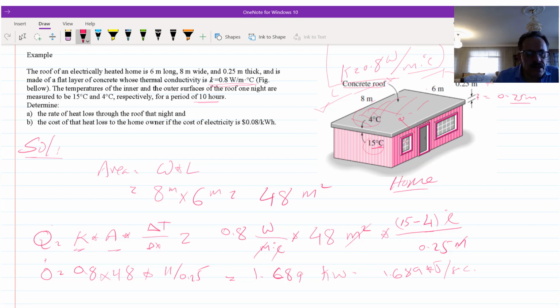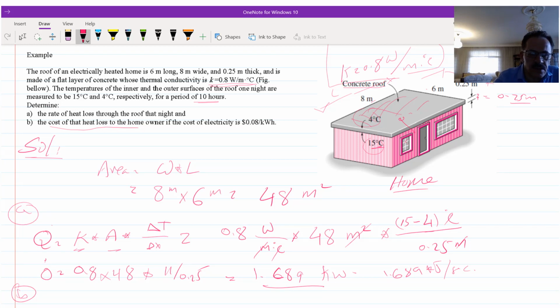Now this is for part 1. Part B, the cost of heat loss. Due to that heat loss, 1.689 kilowatts will be lost, and I have 10 hours.